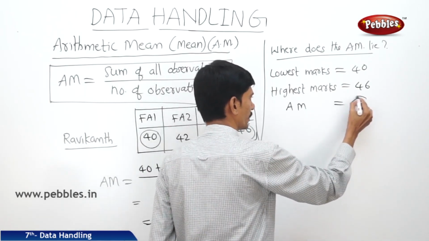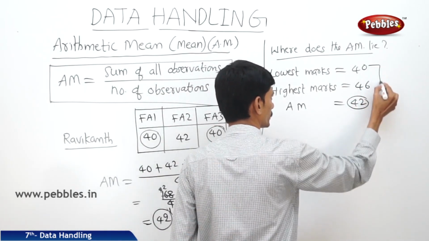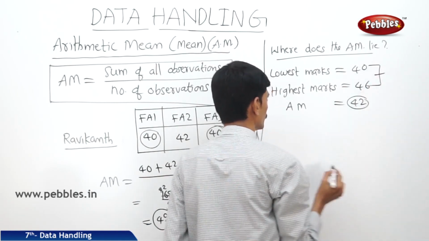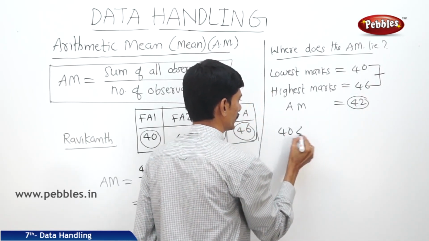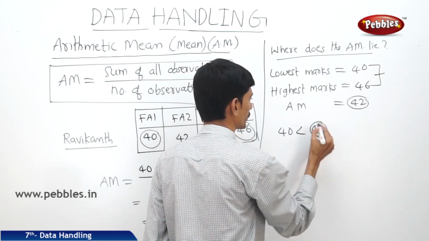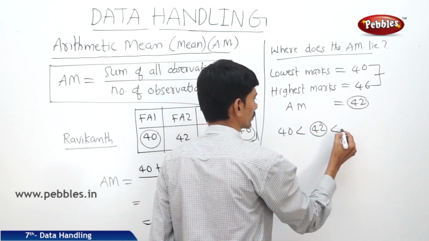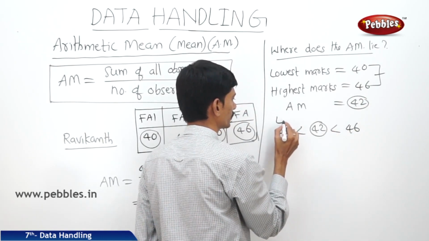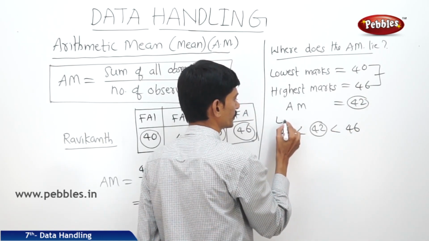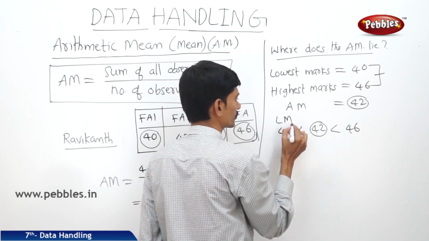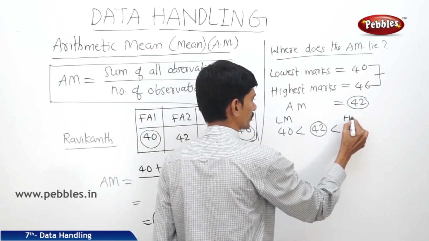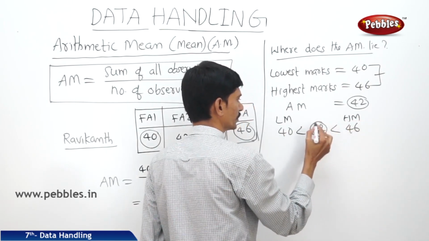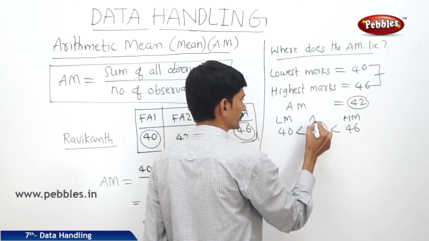So the arithmetic mean lies between the lowest and the highest marks. Here 40 is less than 42, which is the arithmetic mean, less than 46. So 40 is the lowest observation, lowest entry, lowest marks, and 46 is the highest marks, and 42 is the arithmetic mean.